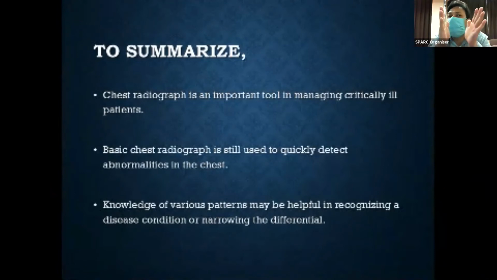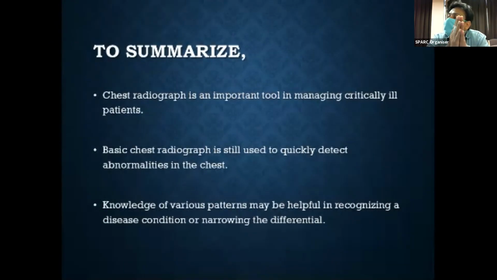So we should be familiar how consolidation looks like, how atelectasis looks like, how reticular markings look like, how miliary opacity looks like, what are different types of nodules and masses, and what is the appearance of pneumothorax, pleural effusion. So these are the common things, and we should obviously review them.